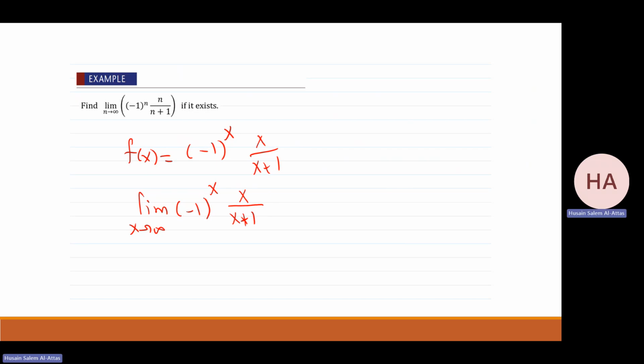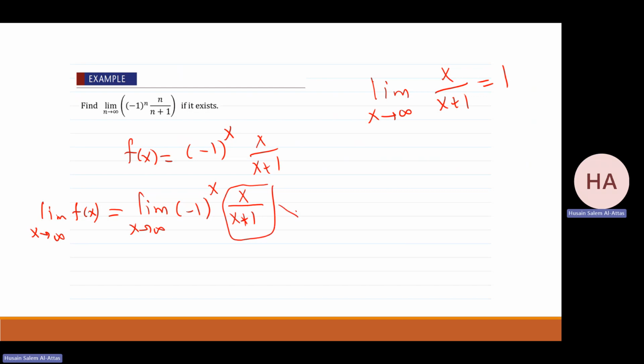If we need to find the limit of f of x, what will happen? I know that the limit as x goes to infinity of x over x plus 1 will be 1. But I have a problem here. This goes to 1, yes. But this one will alternate.